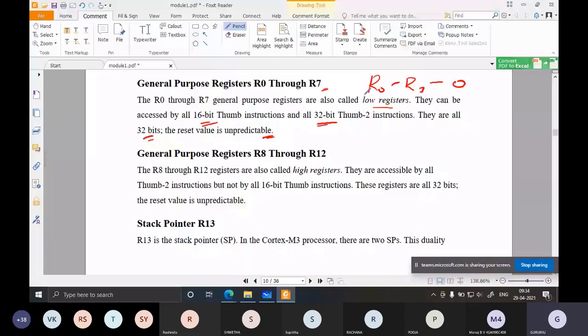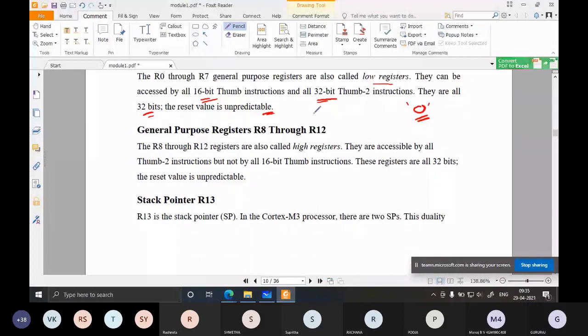That is what you mean by unpredictable. There are certain processors or controllers wherein if you reset the processor, all the registers will be reset to the value 0. There are such arrangements also, but here there is no arrangement like that. So the values of these registers after reset will be unpredictable.